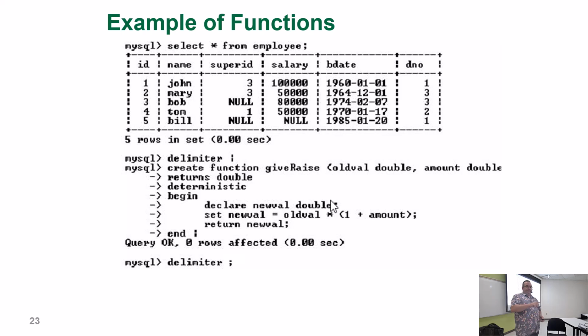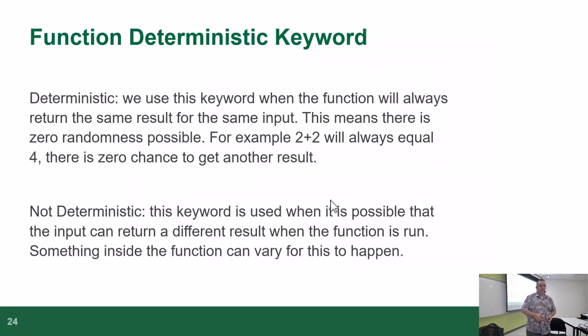So you go select whatever. You can also use it in an update statement. So you could update employee set salary equal to give raise, and then you give it the current value and the percentage you'd use, kind of thing. So there's some pretty interesting things you could do with this.